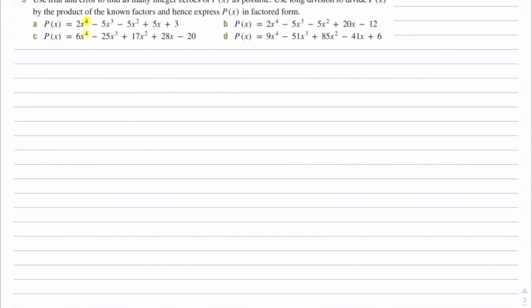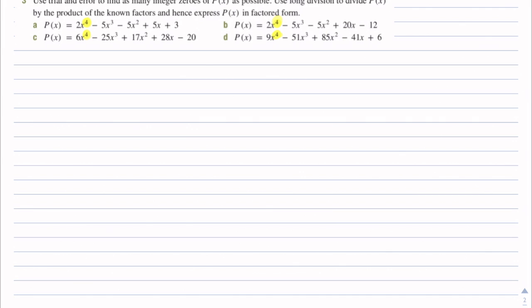So each of these is degree 4. If we can find 4 zeros, then we don't actually need to do the long division. We can literally just write it out. But if we don't find 4 zeros, then we're going to have to actually do the long division.